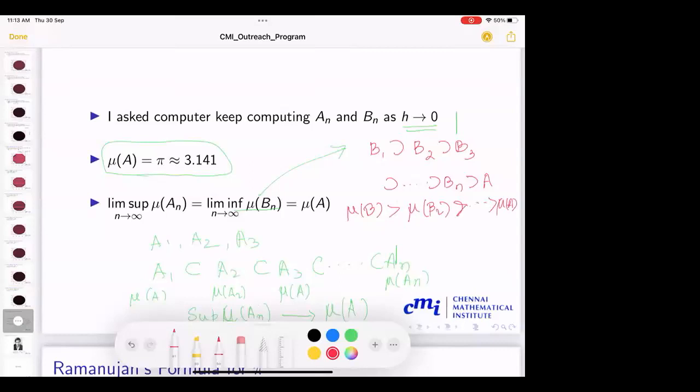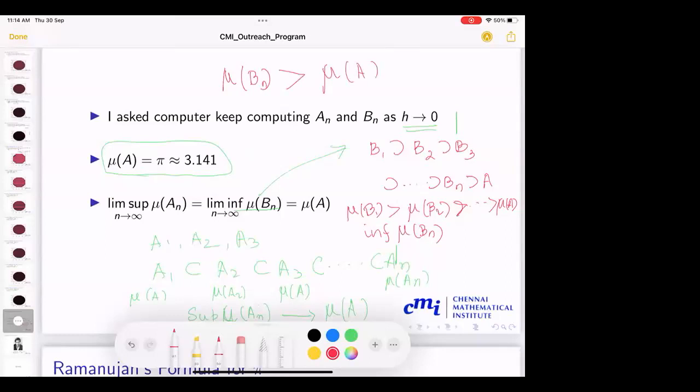So I don't want to keep track of everything. I'm not worried about everybody. I'm just worried about the smallest, the infimum of mu Bn, because the way the Bn is being constructed, mu of Bn will be always greater than mu of A. The area of Bn will be always greater than the area of the circle, no matter what.